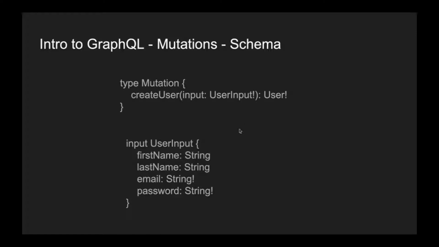It returns a user that is non-nullable. Something else that's cool about GraphQL is that I can define inputs for different queries and mutations. You can't actually use a custom type for an input in GraphQL, so you have to define an input.